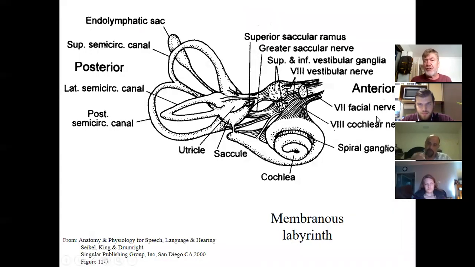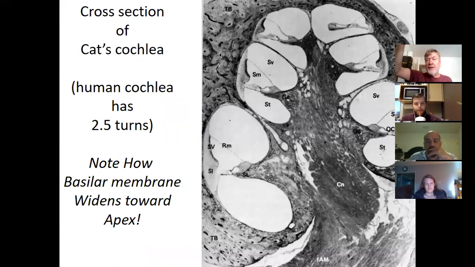Here's another picture showing you just the membranous labyrinths, the utricle, saccule, semicircular canals, and here's the membranous labyrinth of the cochlea, and all the nerve fibers leaving the balance organs and the cochlea, forming the 8th cranial nerve to go to your brain.